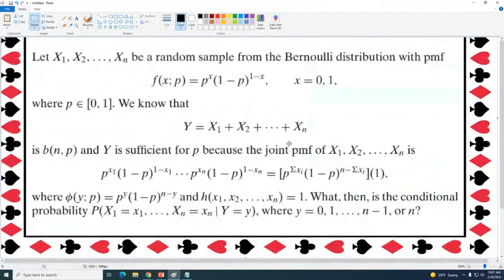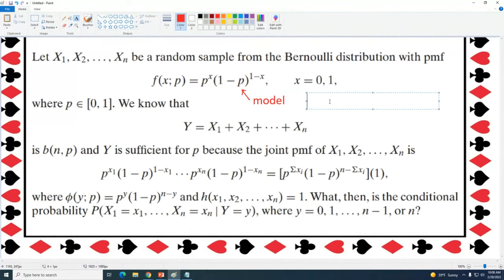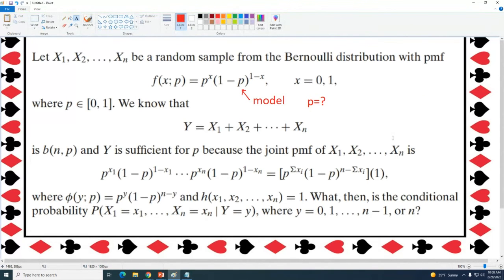So for this one, this entire formula is our model. Since you think this is a Bernoulli, let's write the Bernoulli model. In the model, we have one thing we want to know, which is p. If you don't know the success rate p, you collect enough data, and then we look for a way to estimate it.